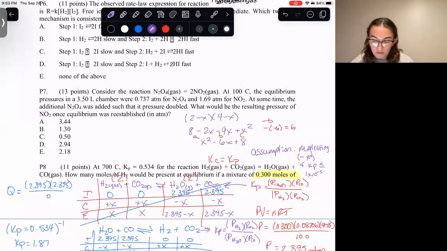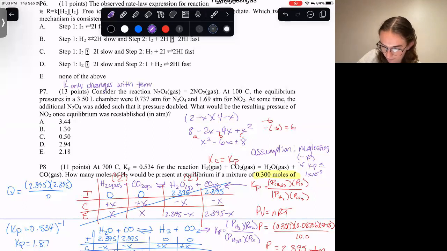Okay, so one thing you always want to ask yourself is, is K changing? And when does capital K change? Good. Capital K only changes with temperature.